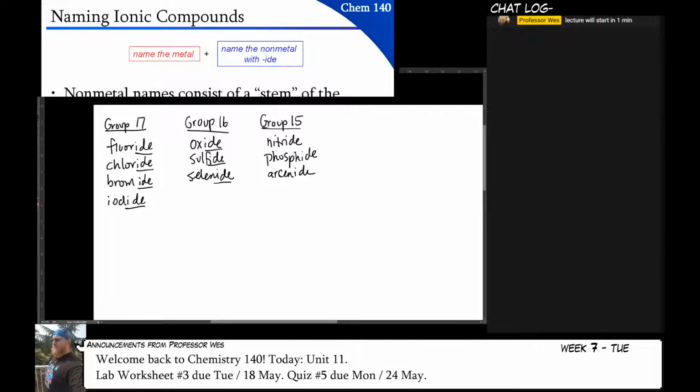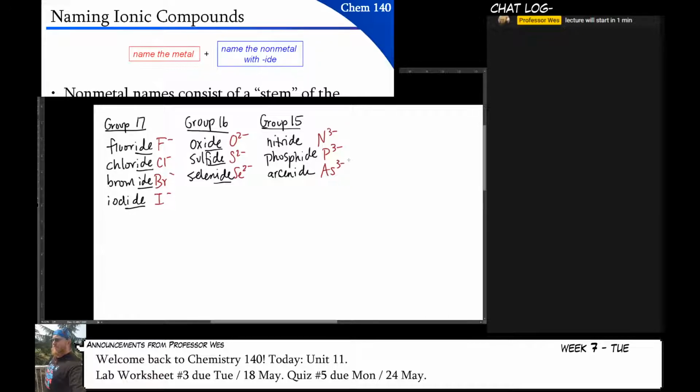And we could just quickly go fill in all the ions just so you have these here. So F minus, Cl minus, Br minus, I minus, O2 minus, S2 minus, Se2 minus, N3 minus, P3 minus, and As3 minus. There you go. So those are all the elements that have ides on there that you'll see in this class.